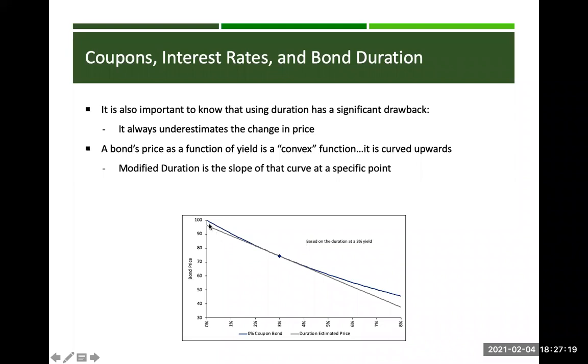The function for a bond is a convex function. It's curved. The name for it in mathematics is a hyperbola, when you're doing price as a function of yield.